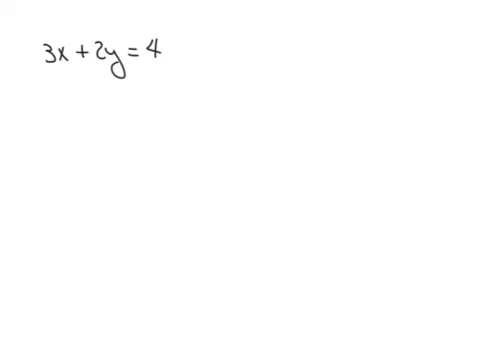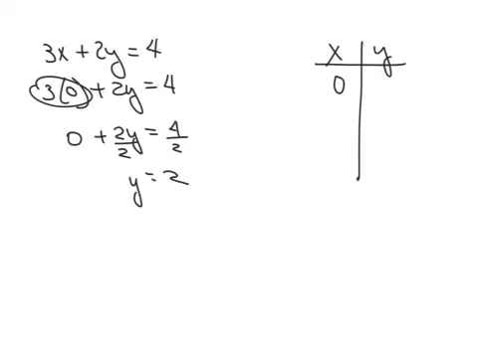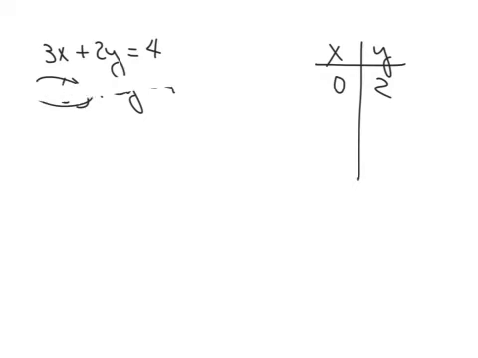Okay, so for example, if I wanted to graph without doing that, you remember making these tables? Now let's say I make x 0. So I have 3 times 0 plus 2y equals 4. So this is going to be 0 plus 2y equals 4. Divide by 2, divide by 2, y equals 2. So I can put a 2 there. Okay. Let's say, for instance, I want my x to be negative 2.